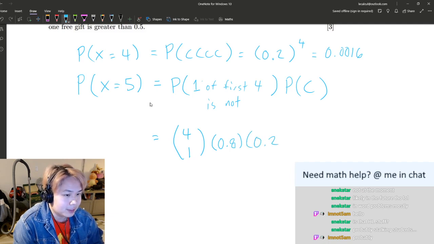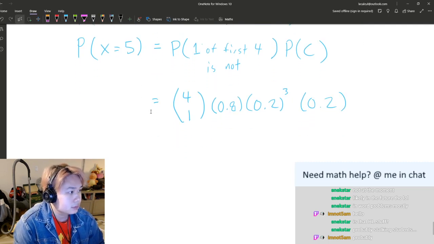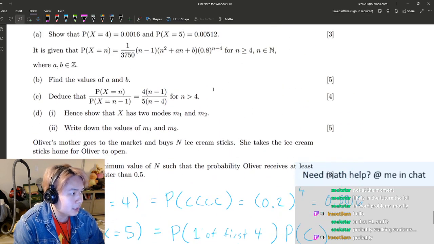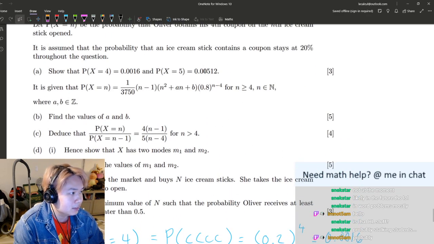And then we have probability of 0.2 to the power of 4. Oops, not 4, 3. And then we multiply that by the probability of the last coupon, which is just 0.2. So if I put this all in, I will probably get this thing right here.